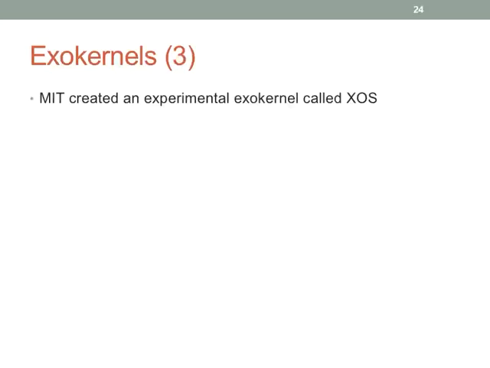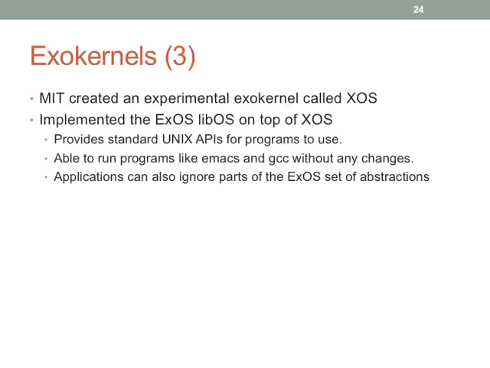So MIT, exploring this whole exokernel approach, created XOS, okay, for exokernel operating system. And of course, they created a confusingly named libOS called XOS also on top of XOS. And basically, that provides the standard Unix APIs in a libOS that applications can choose to use or choose not to use.